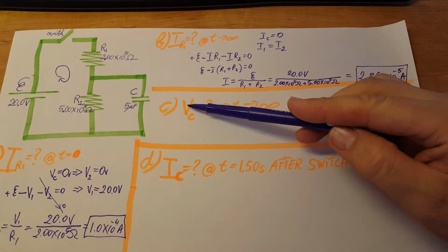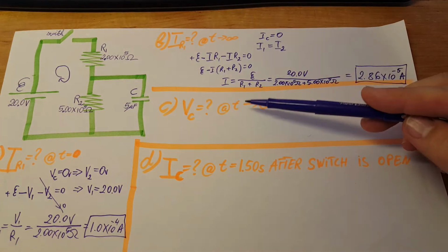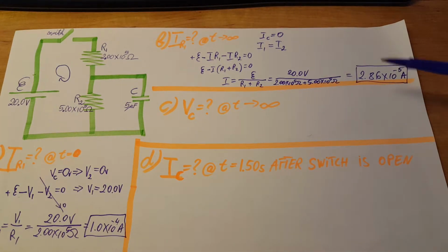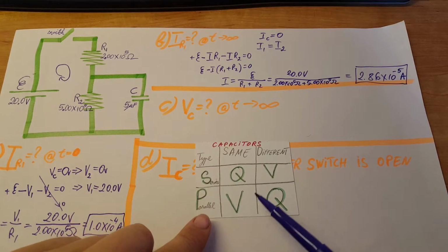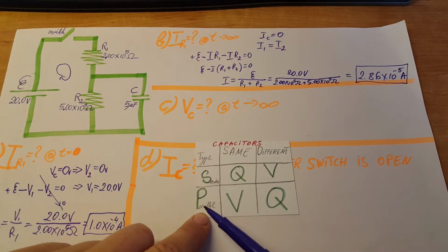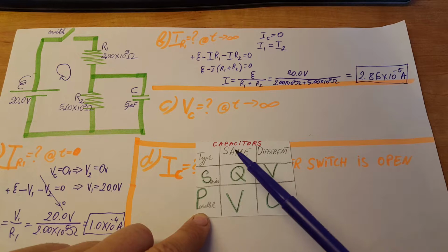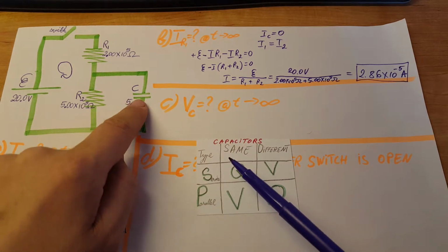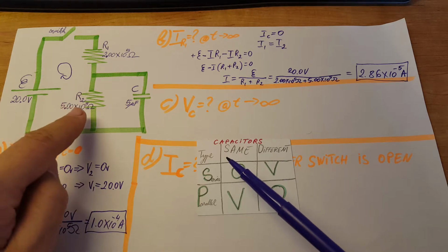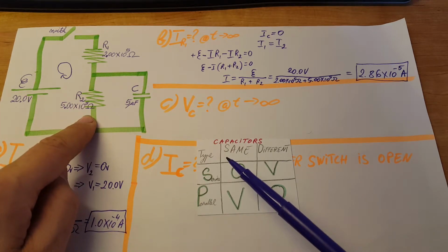Okay, voltage on the capacitor a long time after the switch was closed. Here we're gonna use the fact that in parallel the voltage is the same. Therefore, whatever voltage we have on the capacitor, the same voltage will be on resistor number 2.